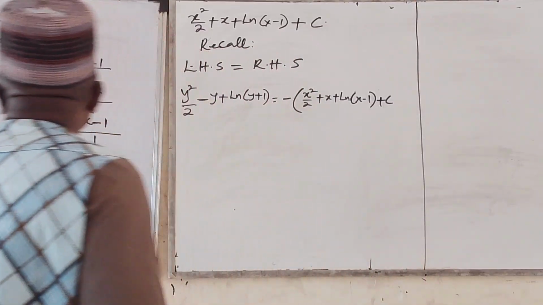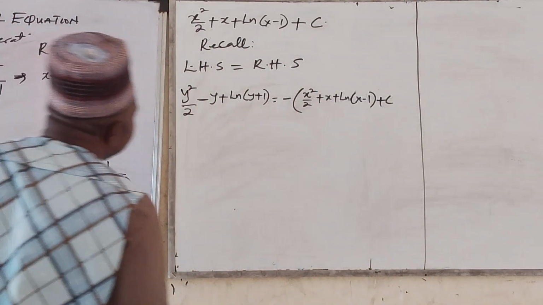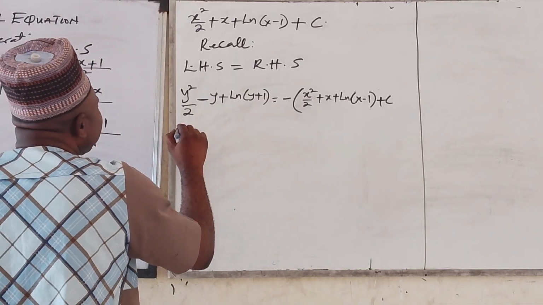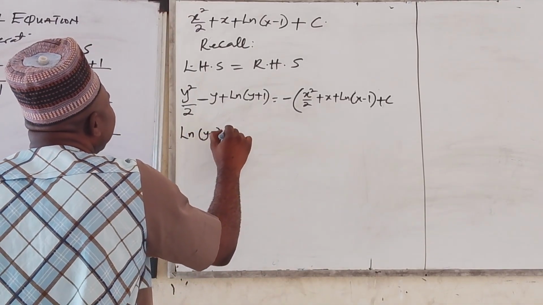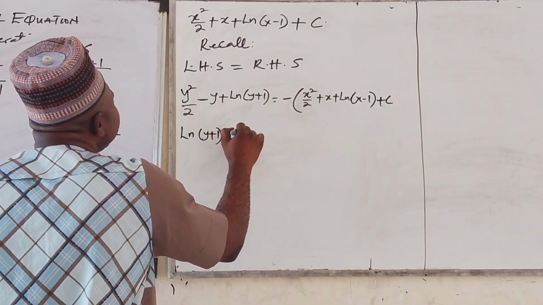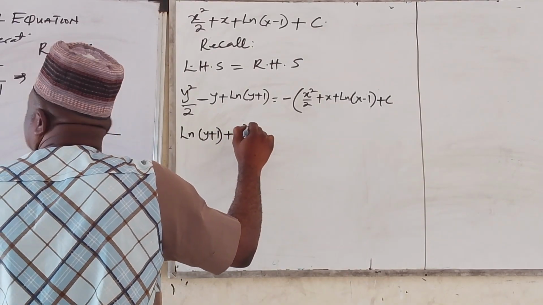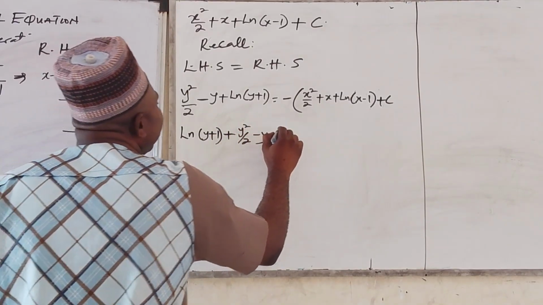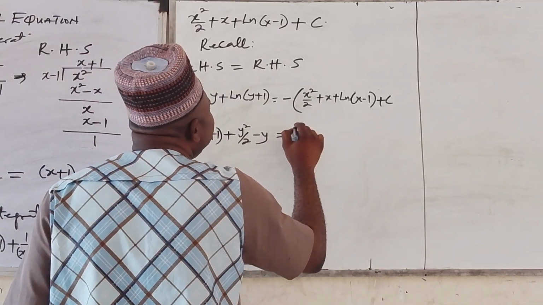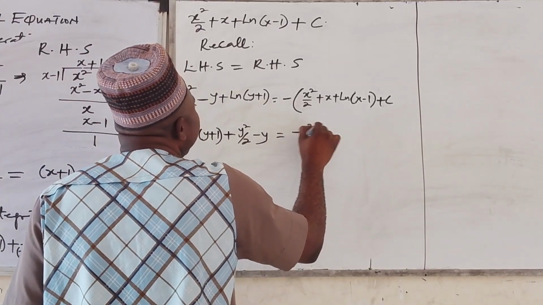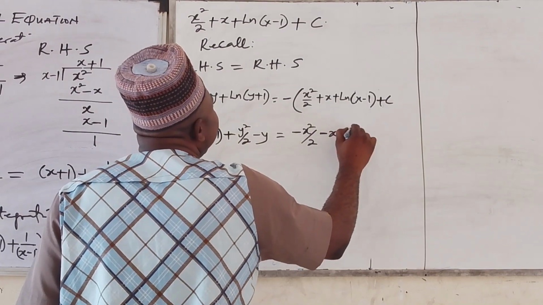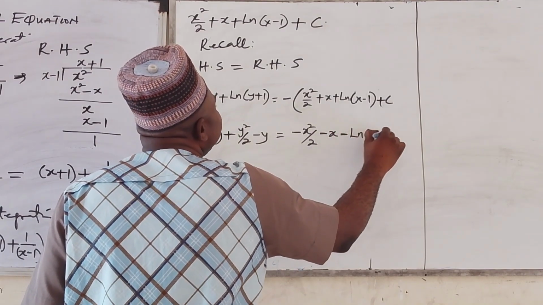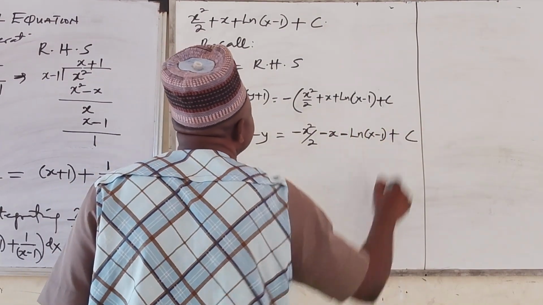Yes, plus c. So it therefore means that in this case, this is the same as saying we have ln y plus 1, plus y squared over 2 minus y is equal to, here we have minus x squared all over 2 minus x minus ln x minus 1, then here we have plus c.